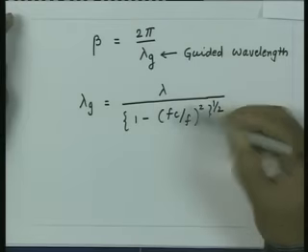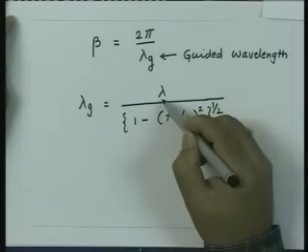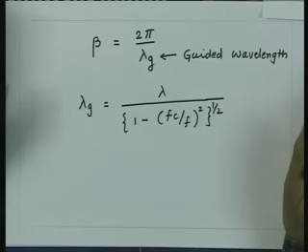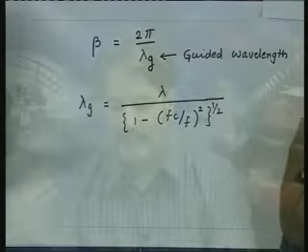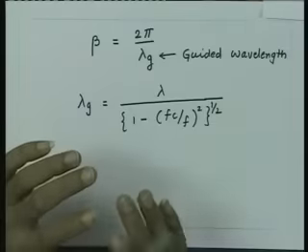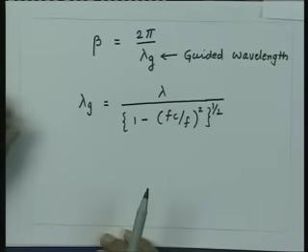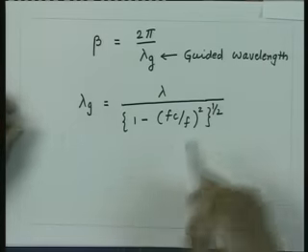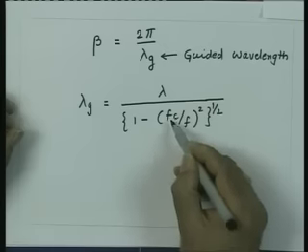A few things can now be observed from here. This is the wavelength of the wave in an unbound medium. This is the wavelength which you are going to measure inside this bound structure along the waveguide, and for a travelling wave the frequency has to be greater than the cutoff frequency.